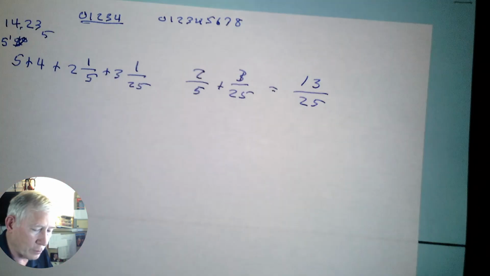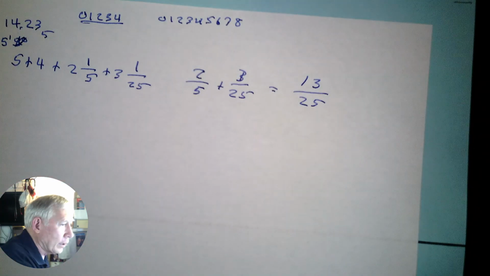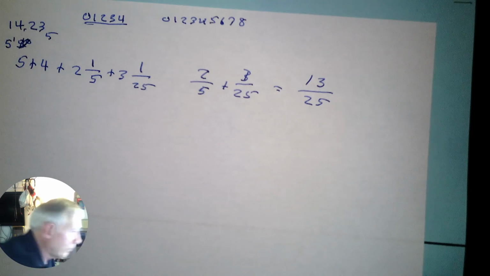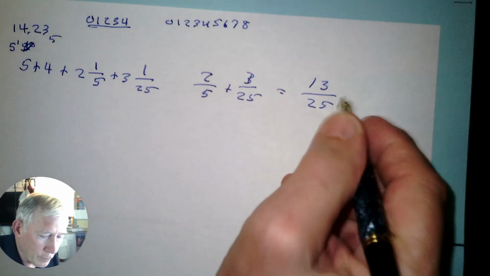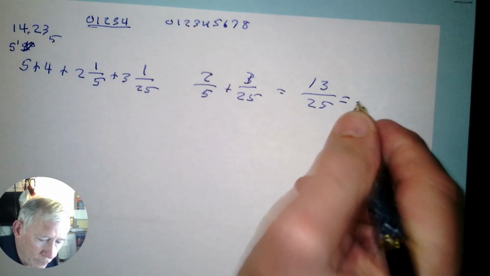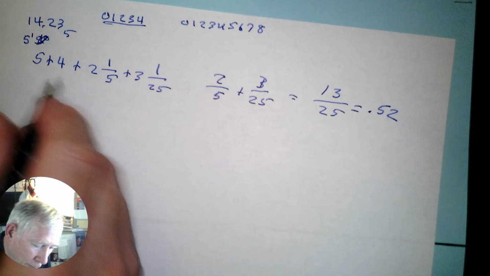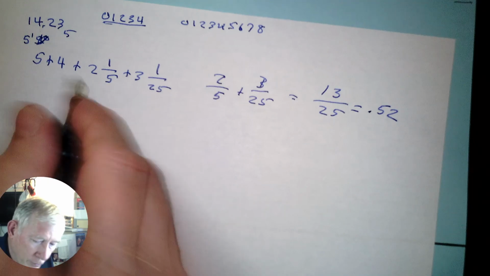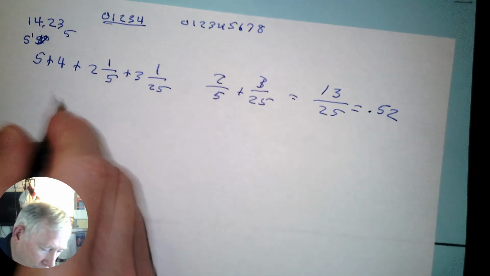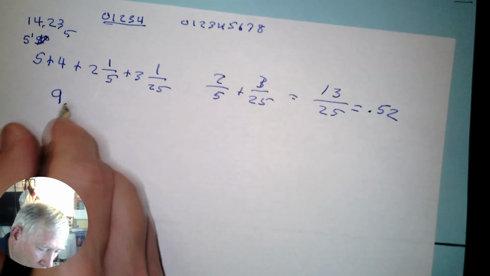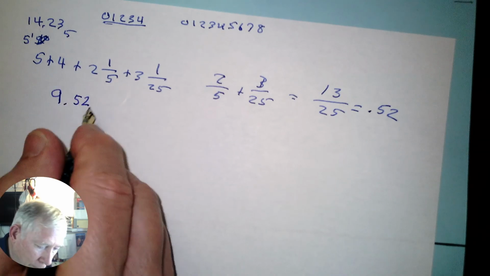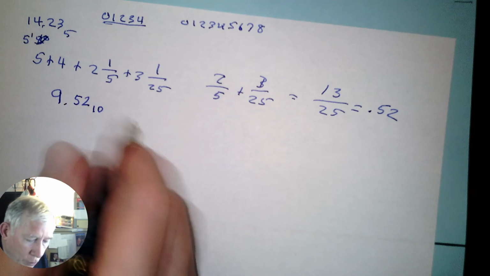Let's do that division on the calculator, and I'll pause it. It turns out that equals 0.52. So our first conversion is 5 plus 4 plus 0.52 in base 10. So that's 9.52 in base 10.